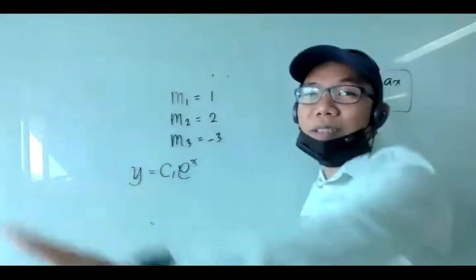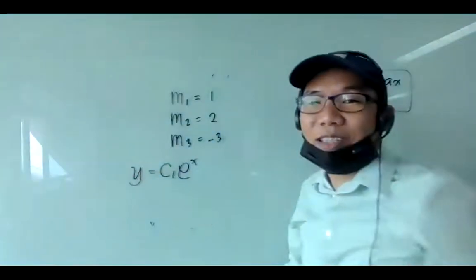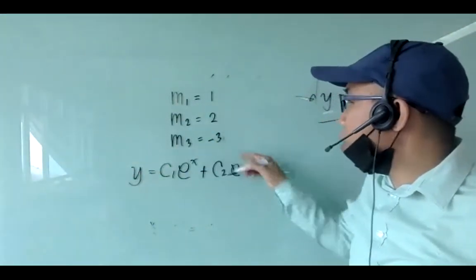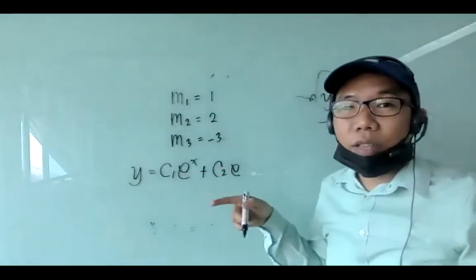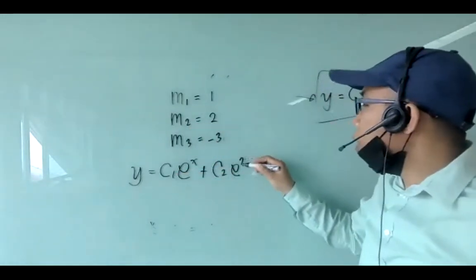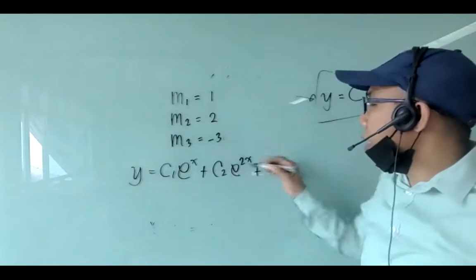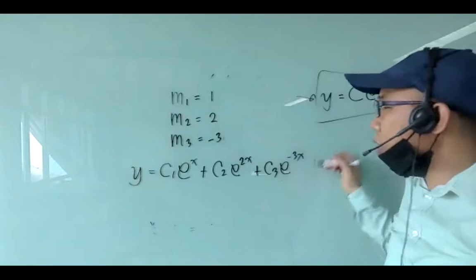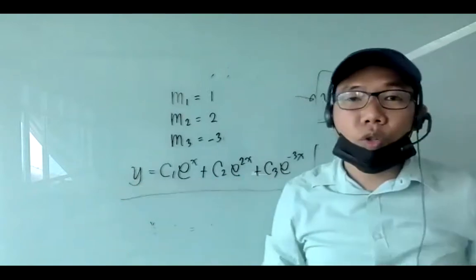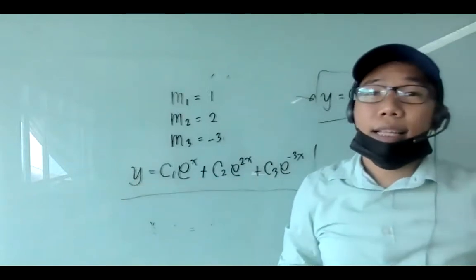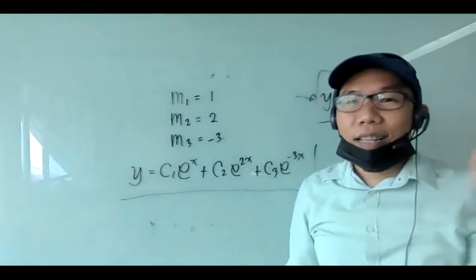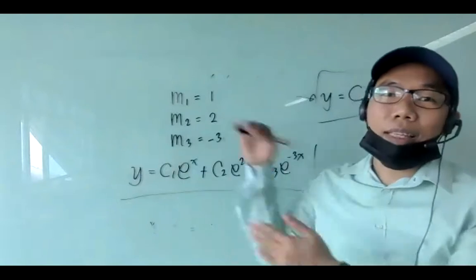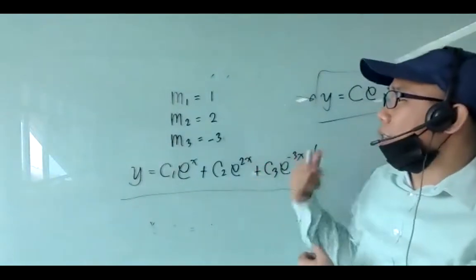Plus c sub 2, e raised to, yung root natin na pangalawa, yung value ni m sub 2 is 2. So, 2x plus c sub 3, e raised to minus 3x. So, ganun lang yung magiging solution kapag yan, linear DE with constant coefficient basta naka-equate sa 0. Okay? Ganun.